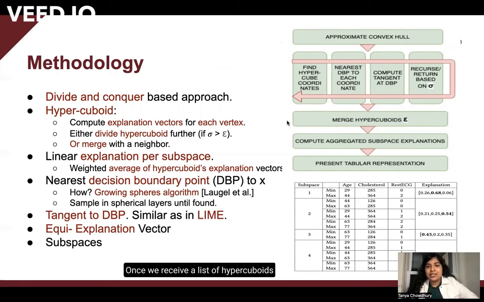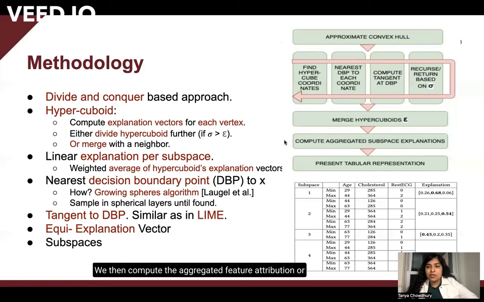Once we receive a list of hypercuboids whose standard deviation of explanation vectors is each less than epsilon, we try to merge neighboring hypercuboids while keeping in mind the epsilon constraint. If a list of hypercuboids together have standard deviation less than epsilon, we term that a subspace. A subspace can have one or more hypercuboids.